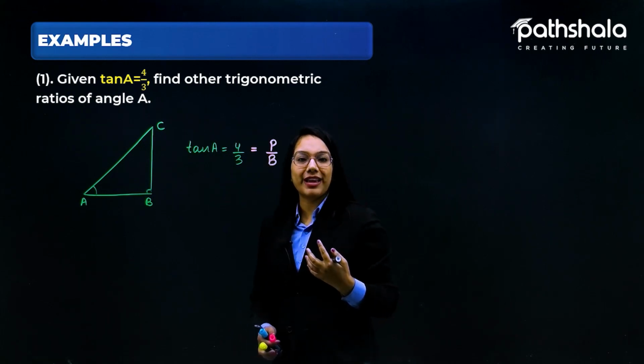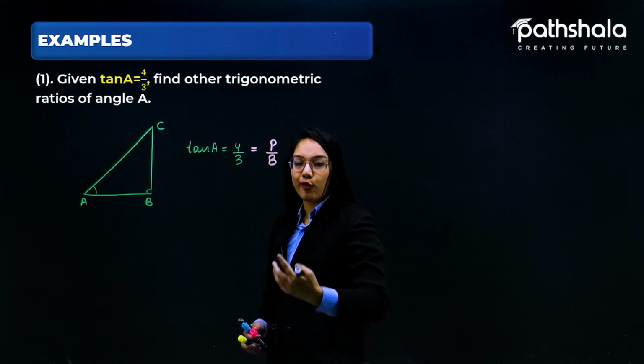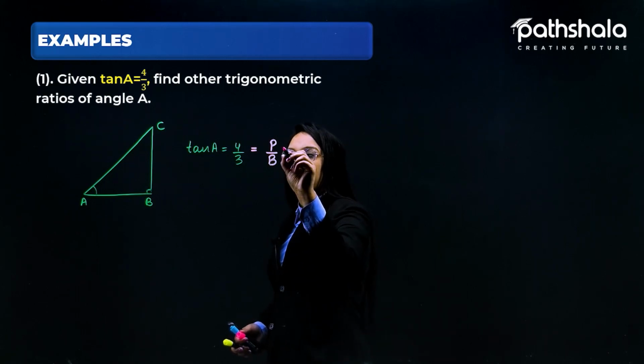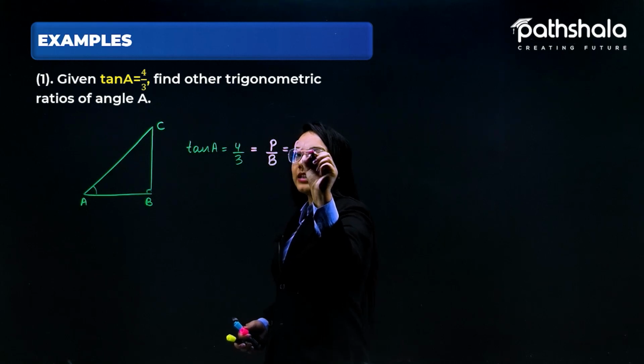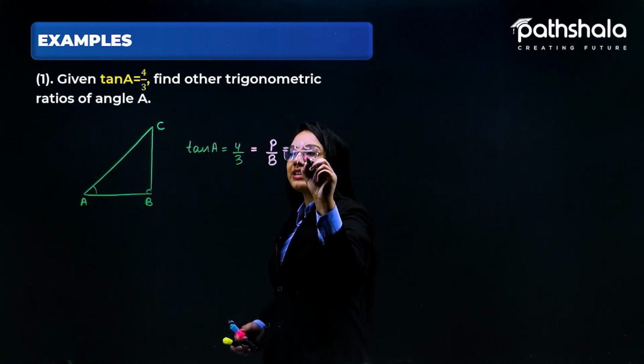Let us take the perpendicular and base as 4K and 3K. Since this is my perpendicular, this is BC, and this is the base, which is AB.